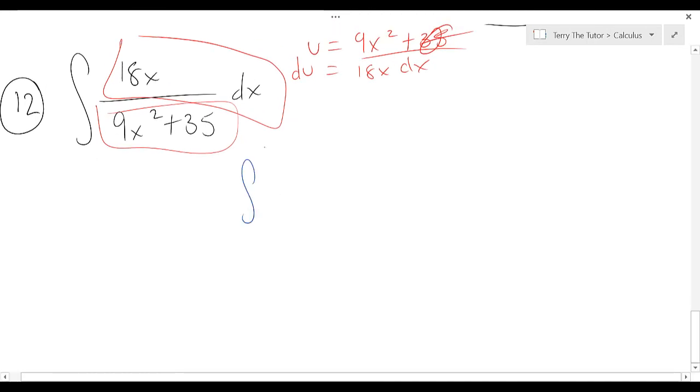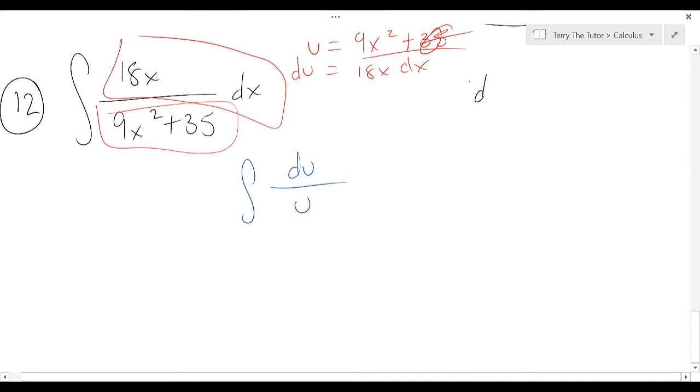Sweet. So let's substitute. That's why it's called u substitution. We've got the integral of, well, this is going to be du over u. Alright, this is a special case. It's not the power rule. It's actually something called the, I don't know what it's called, I wish I did, the log rule. I have the formula.